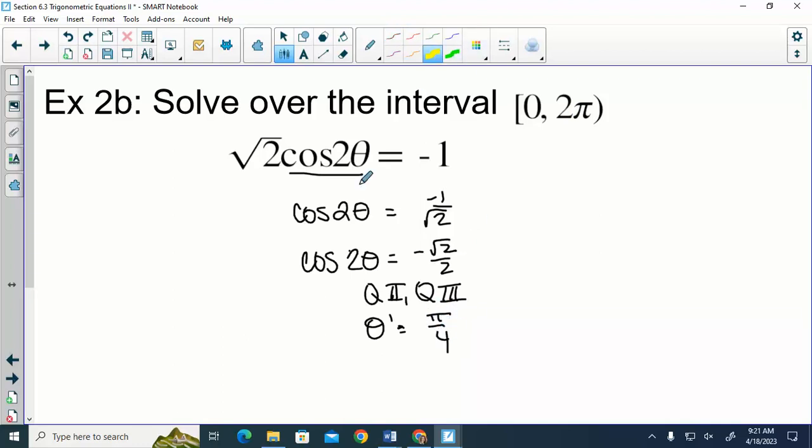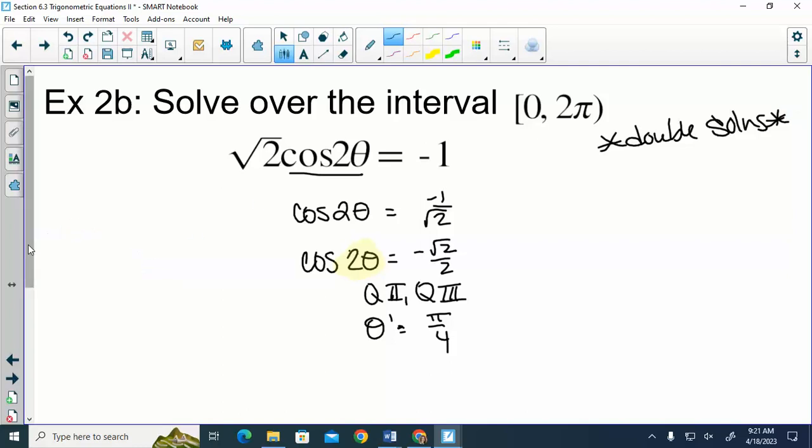Now, what does this 2 theta tell me about my answers? Yeah, we'll have double the solutions. It's basically telling me between 0 and 2 pi, I will have 2 complete cycles of cosine.